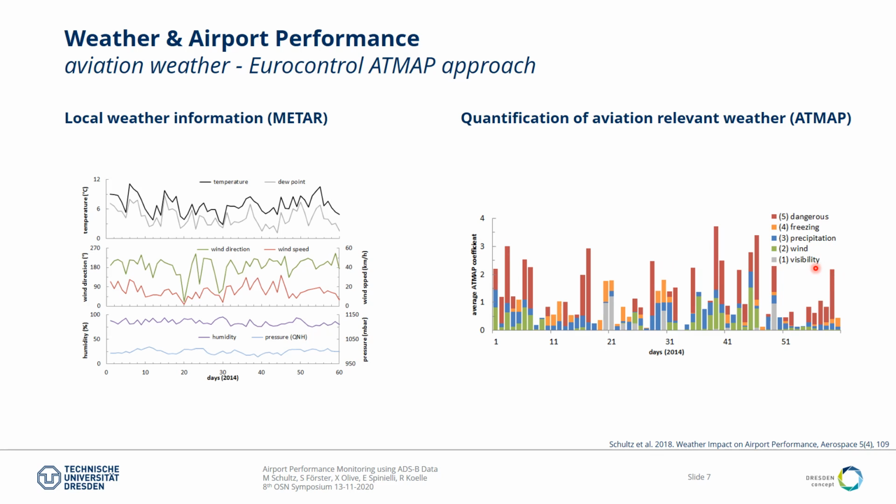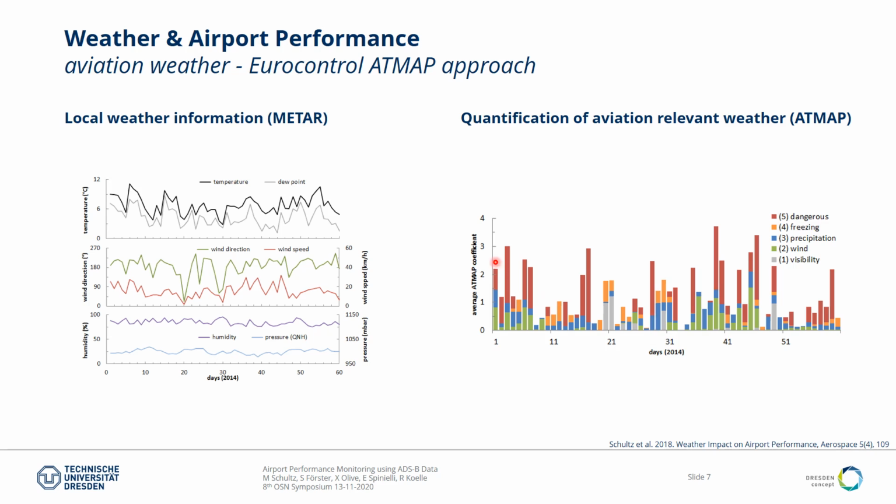These are major impact factors for the 5 categories, which we'll describe here. These categories in the UpMap approach are visibility, wind, precipitation, freezing condition, and dangerous events. What you can see here, derived from our paper in 2018, is from London Gatwick, the first 60 days of 2014.